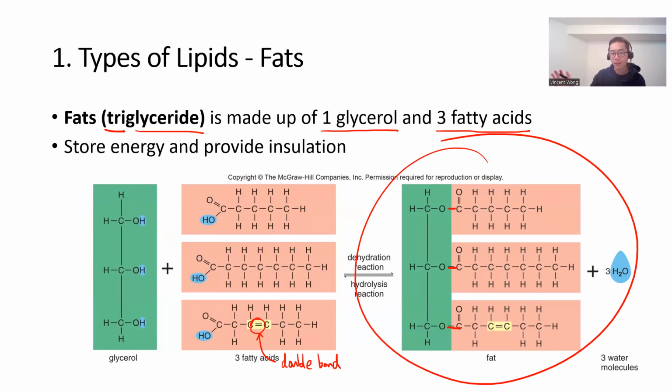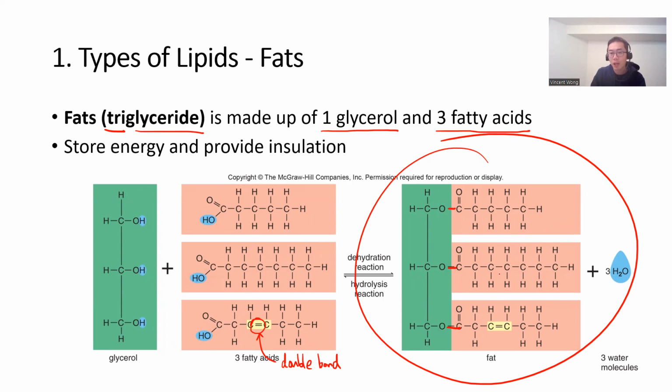If all the fatty acids are saturated, then the fat is also saturated. But if one of the three fatty acids is unsaturated, then the fat is going to be unsaturated.